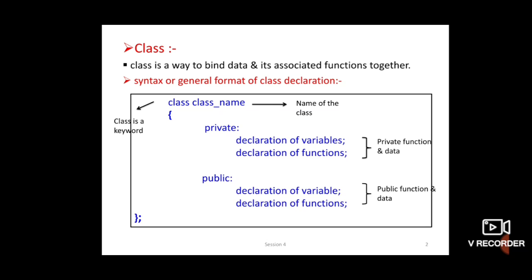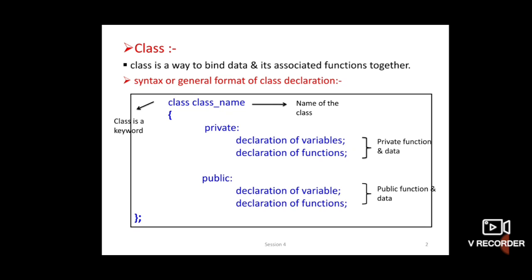If these access specifiers are missing, suppose you forget to write private or public and directly declare a variable or function, then what happens? By default the members of the class are private, meaning the compiler takes that data or functions as private. Such a class is completely hidden from the outside world and does not serve any purpose.